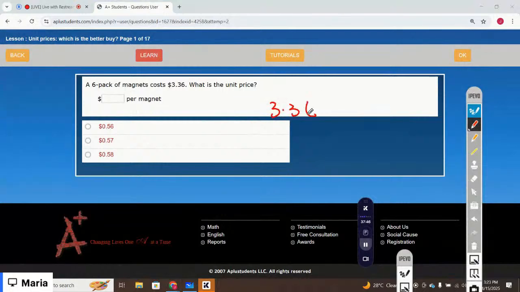3.36 divided by 6. So let's just divide. 3.36 divided by 6 equals 0.56.